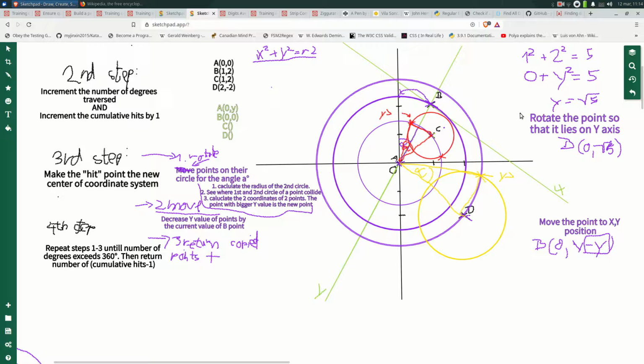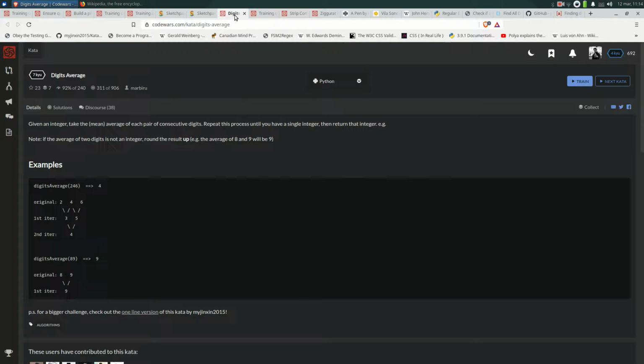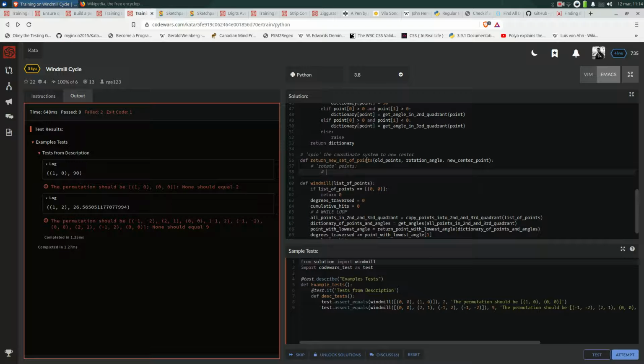So we get that by, so we calculate the radius of the circle.